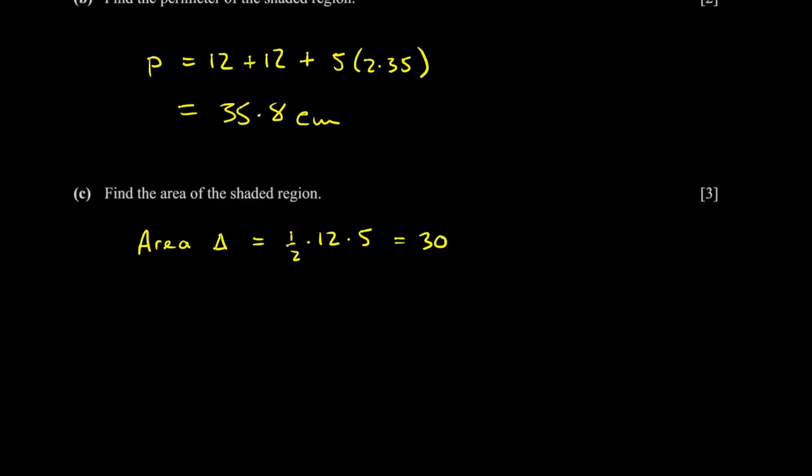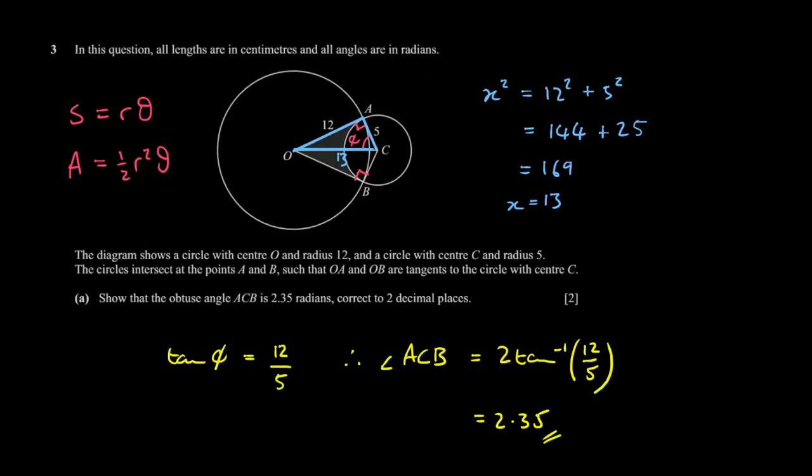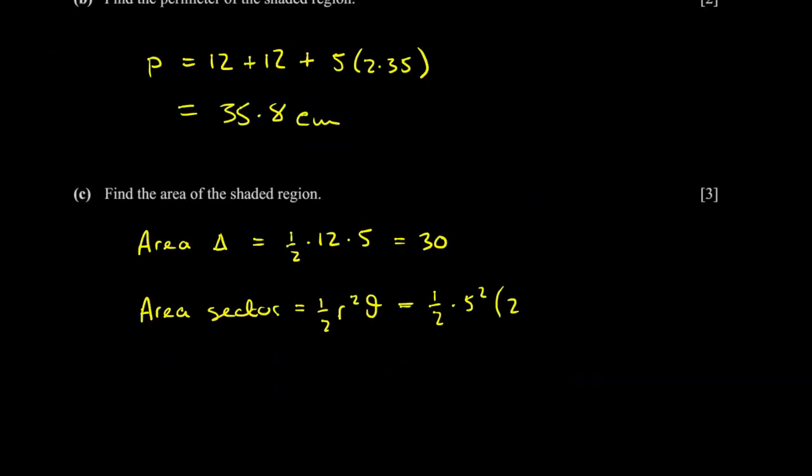Okay. And then the area of the sector is equal to a half r squared theta. So it's going to be a half times 5 squared times the theta, which was the 2.35. Okay, whatever that is. Let's just key it into a calculator. Actually, I'll leave it for the moment.